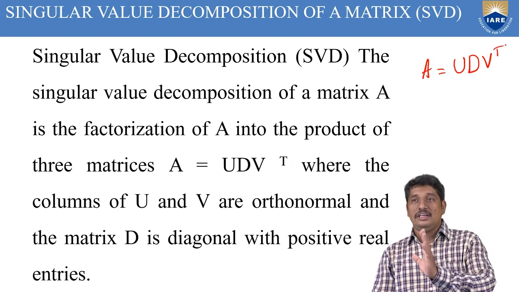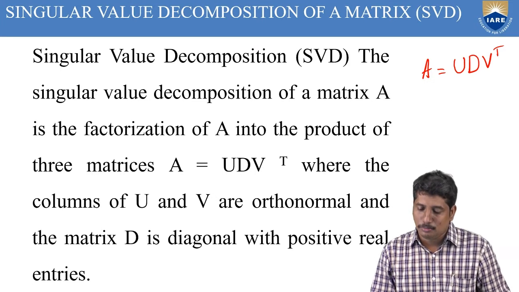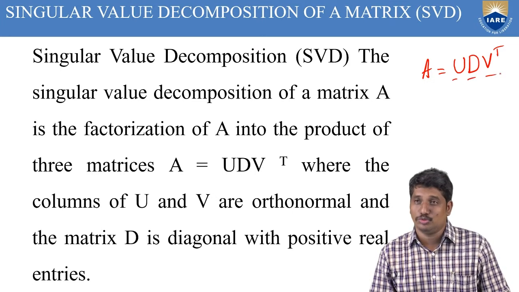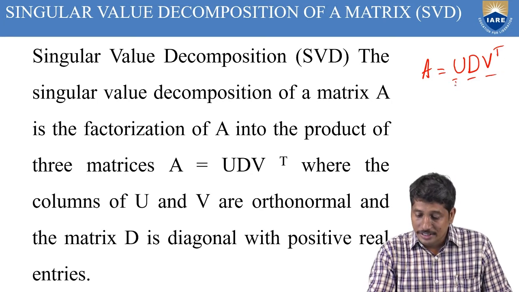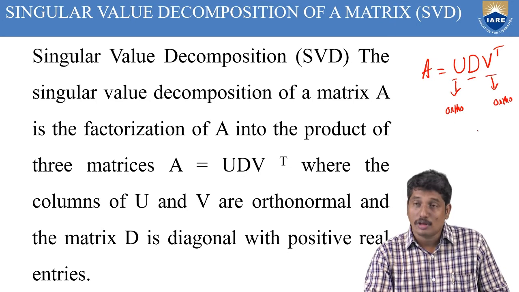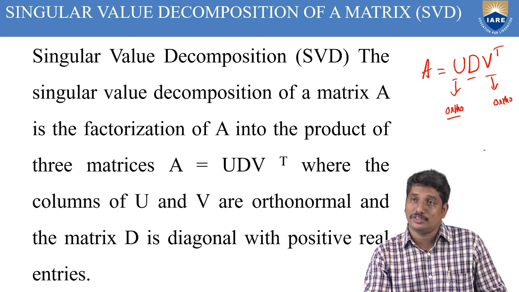That means any matrix, whether it is square or rectangular, can be decomposed into a product of three matrices, namely U, D, V transpose, where U is an orthonormal matrix and V is also an orthonormal matrix, each formed by eigenvectors of some matrix.